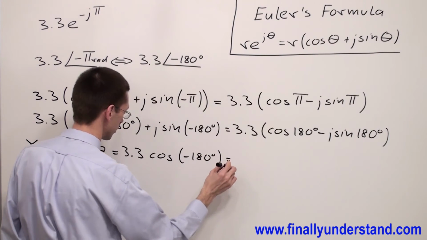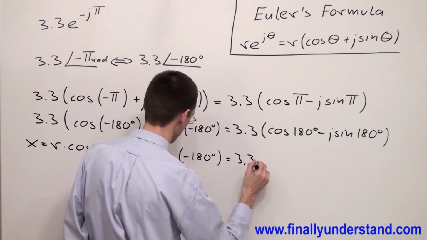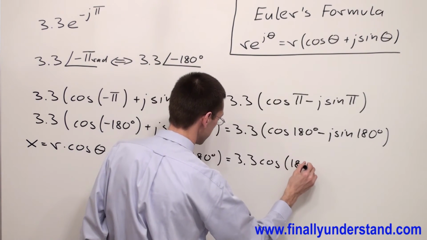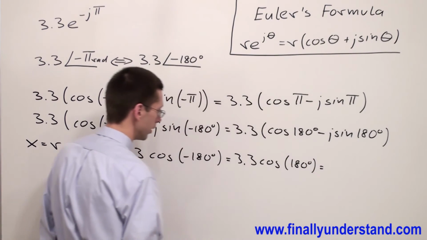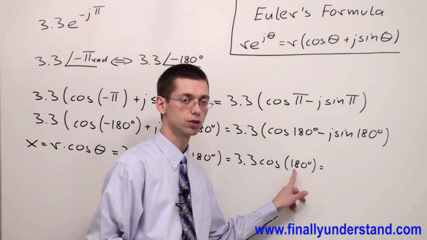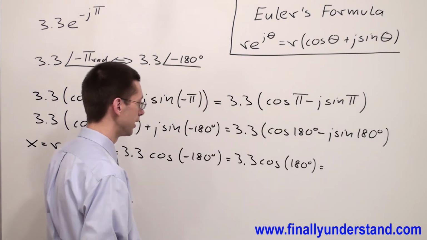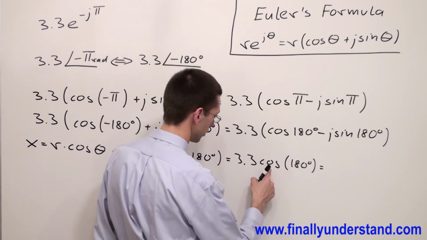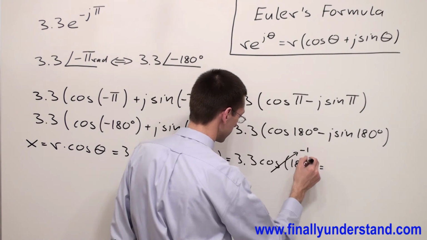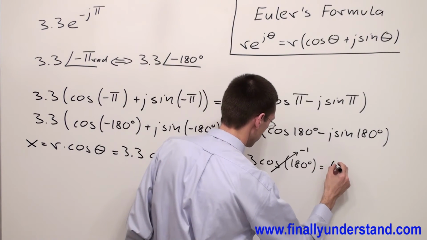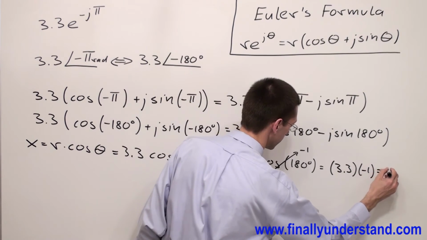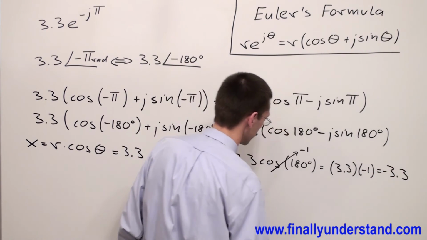As I said, this is equivalent to 3.3 cosine of 180 degrees. This is the same thing. Cosine of 180 degrees is equal to negative 1. That's why I'm going to have 3.3 times negative 1, which is equal to negative 3.3.